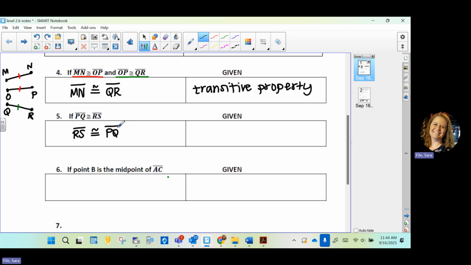And that's also one that we talked about yesterday. We said if A is equal to B, then B is equal to A, right? It doesn't matter the order that you write the sides of your equation. Same thing goes with a congruent statement. It doesn't matter which order you write your congruent statement in, they're still congruent, right? So that one was called the reflexive property.